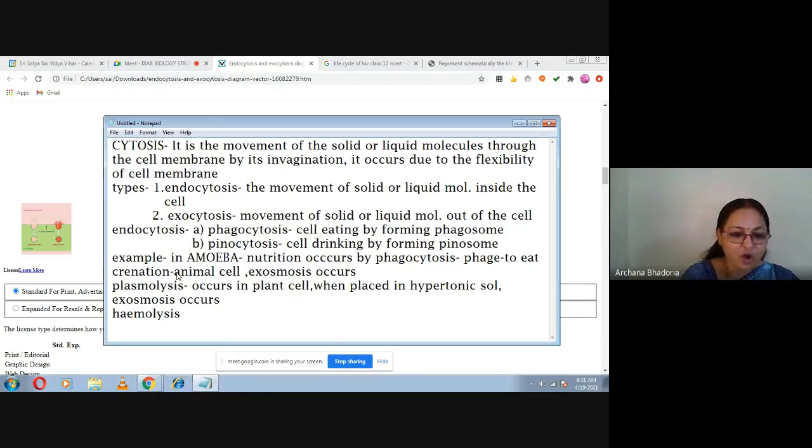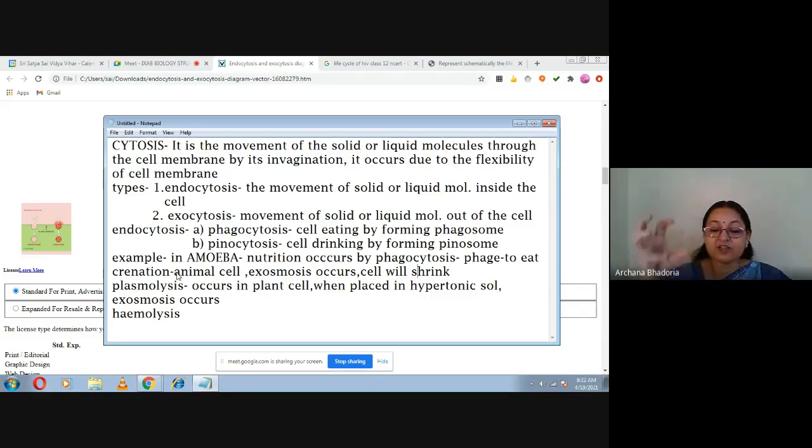And that phenomenon is known as what? What did we just write? The cell will shrink, and this process is known as crenation, children.